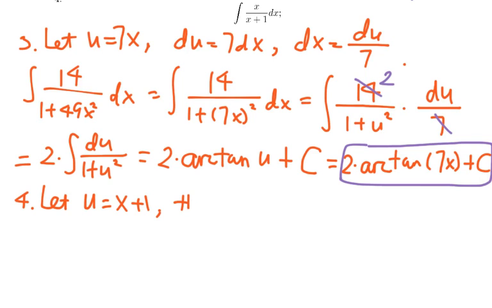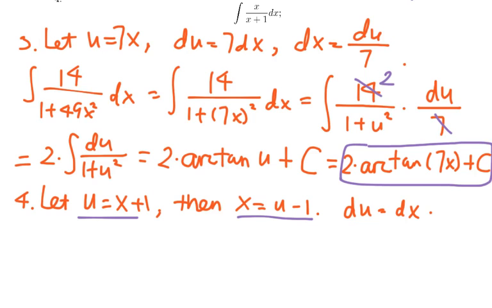From here, you solve for x, that is x is equal to u minus 1. So we can replace the numerator x by u minus 1 and the denominator x plus 1 by just u. If we differentiate both sides, we will have du equal to dx.